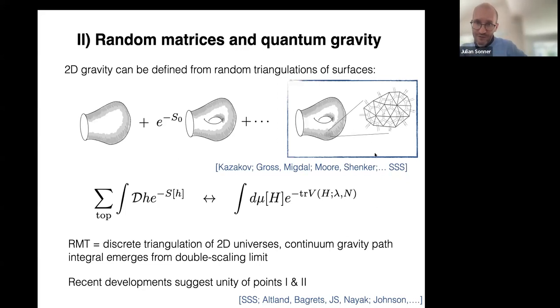The combinatorics of these triangulations of a 2D surface is actually equivalent to the combinatorics of certain matrix integrals that have nonlinear potentials. So the double lines here are exactly the 't Hooft double lines of a quartic matrix model. It has a trivalent vertex. And if you look at the dual graph, which is the solid lines, you see that this gives a triangulation locally of the surface.